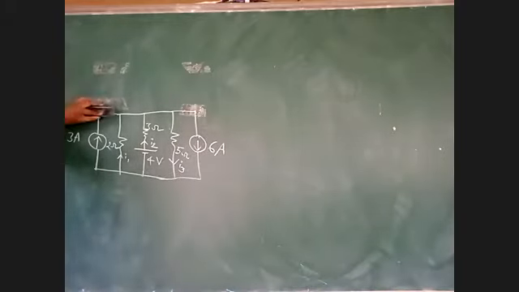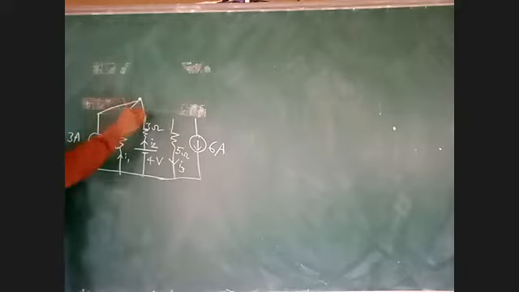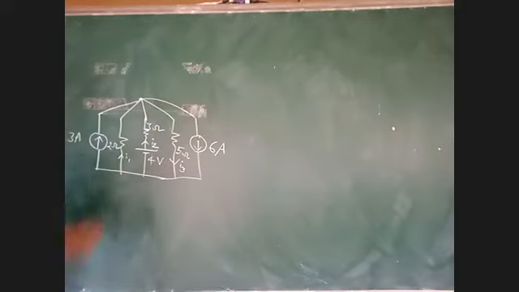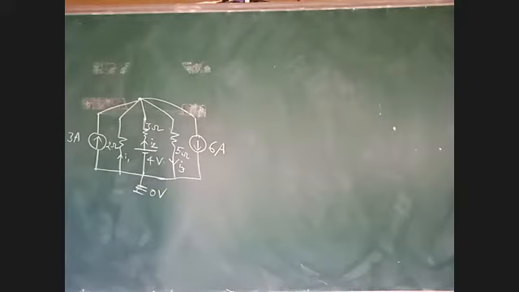Suppose if we take this one, this connected here, this connected here, this connected here. There is only one node in your circuit. Single node is there.